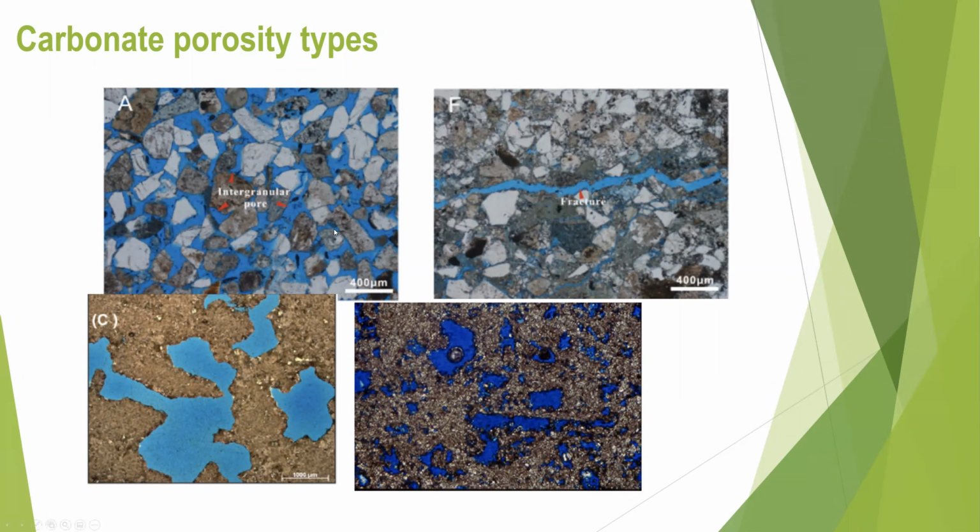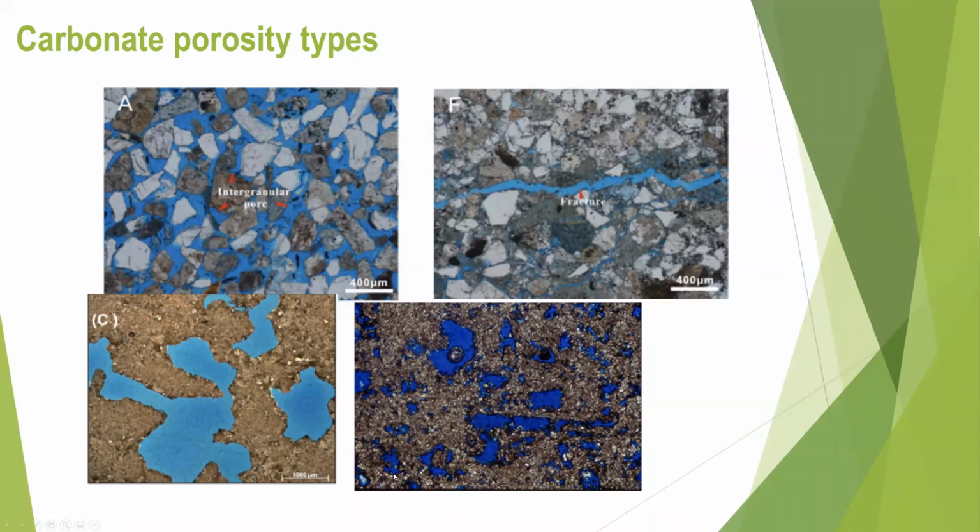For example, in this thin section, you can see the intergrain or intergranular porosity. You can see here also intergranular porosity and also fractures. You can see some fenestral porosity that was created by releasing gas from the carbonate rocks, but they are not connected.